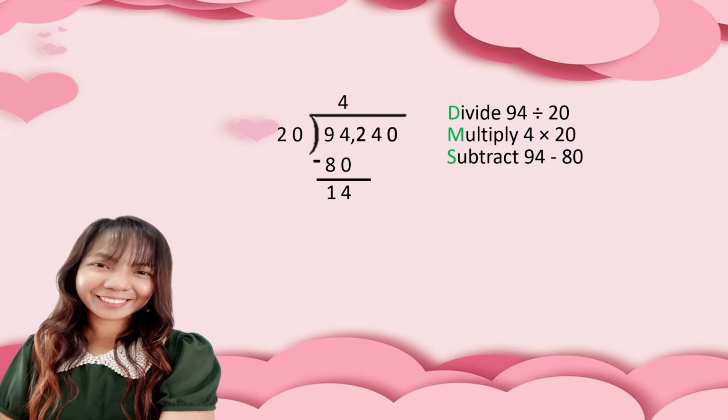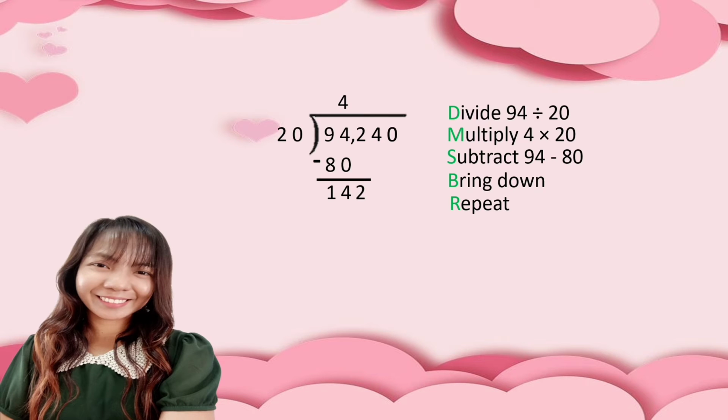So now we have number 14. And since in this number, we cannot proceed to division, so let's bring down. So brother, bring down 2. So now we have 142. And then next is to repeat. R, Rover, R, repeat. Repeat the process. Go back to division.